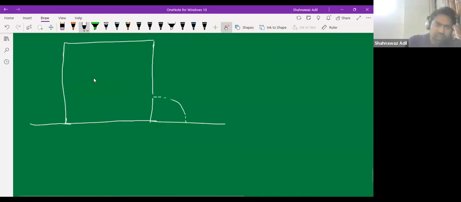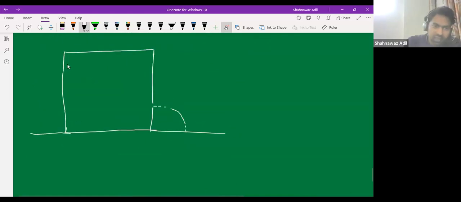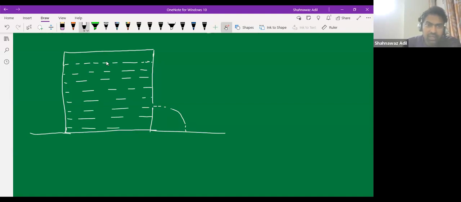So we will use that idea, and this tank is full. This is the surface of the tank, and inside this surface we will have some pressure, let's say P1, and this has some area.